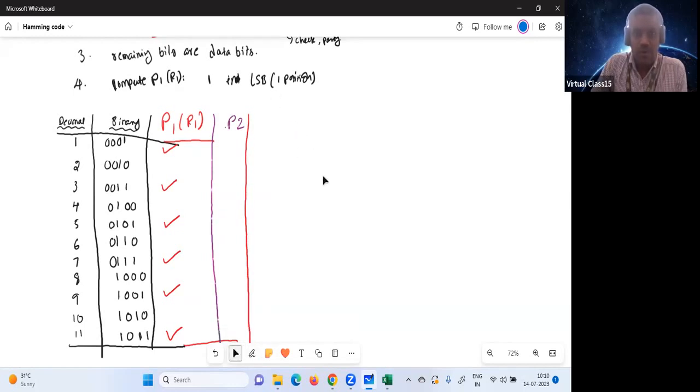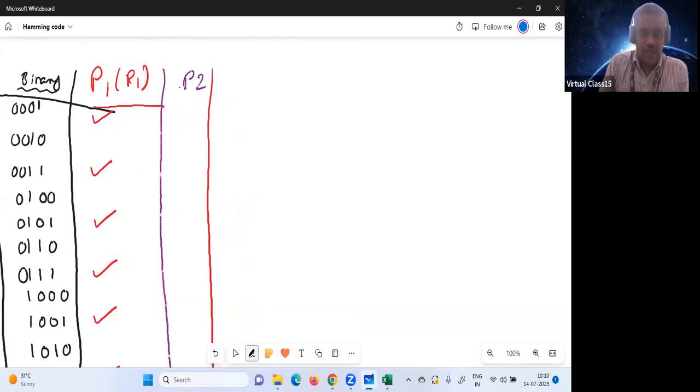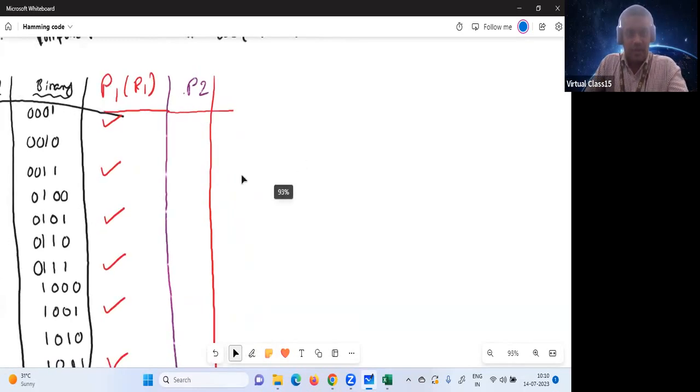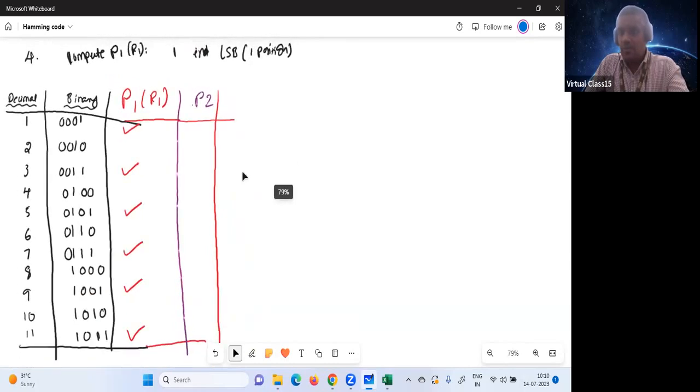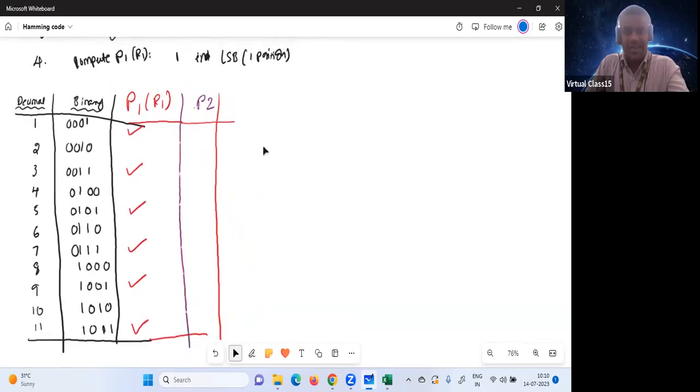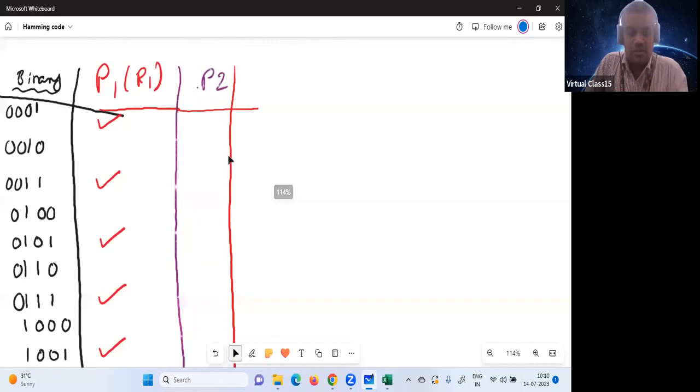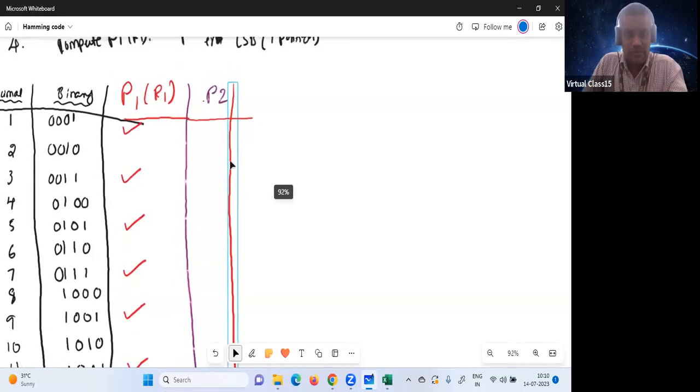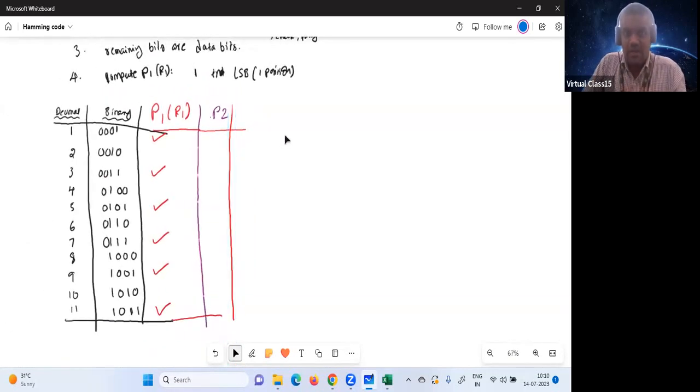To compute P1, the rule is to consider the bit positions whose LSB is 1.